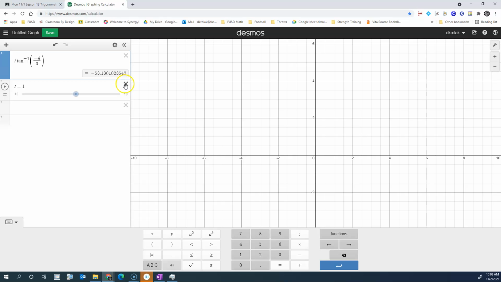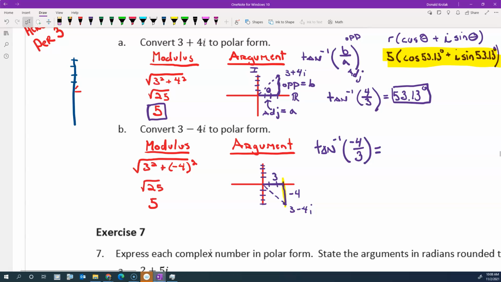And so now that's negative 53 degrees. That is not your solution. Your angle has to be between 0 and 360. Okay, so when I do this, I get negative 53.13.